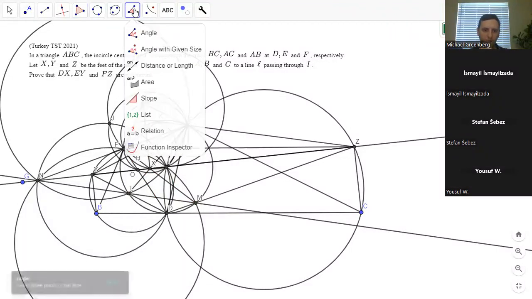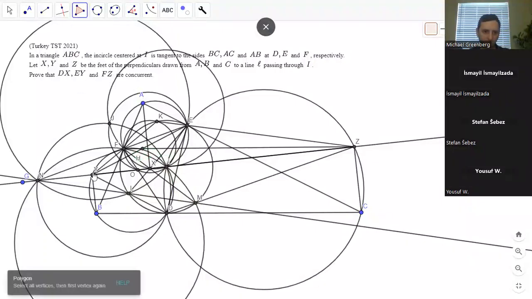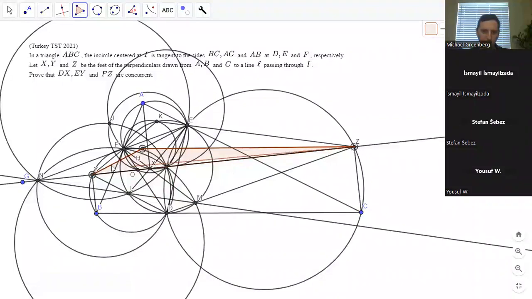Okay, actually, so let's try this. Triangles YHZ. This might work better. So we have YHZ, and actually, no, I'm not sure about this either. DEF, because then we'd want to show YE, ZF, and DH concur.